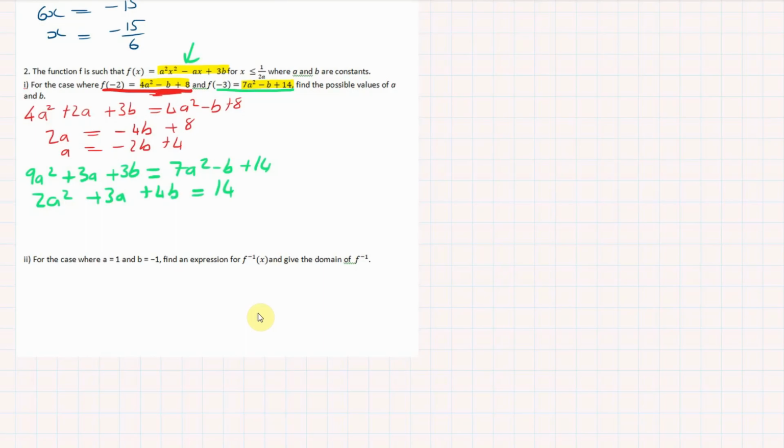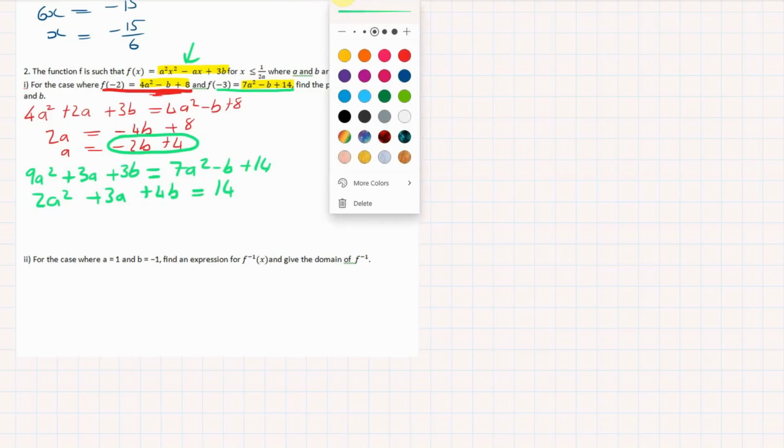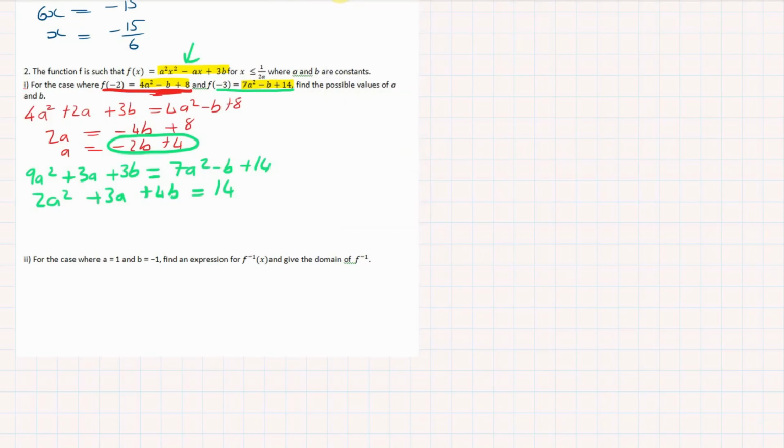Now, what I'm going to do is use this value here, which I've been given, and insert that into my a values. Okay, so let's try that. Hang on, I hope I haven't made some errors.